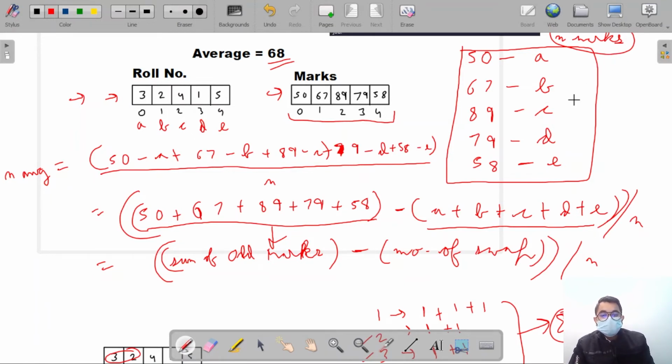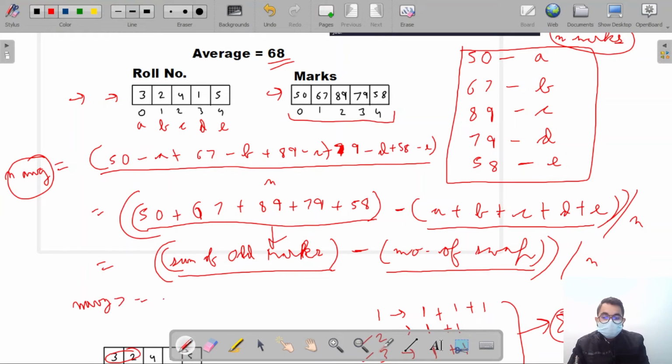So first we calculated the sum of old marks, then the number of swaps by doing the bubble sort, and then we divided by the total number of students, and we were able to calculate our new average.